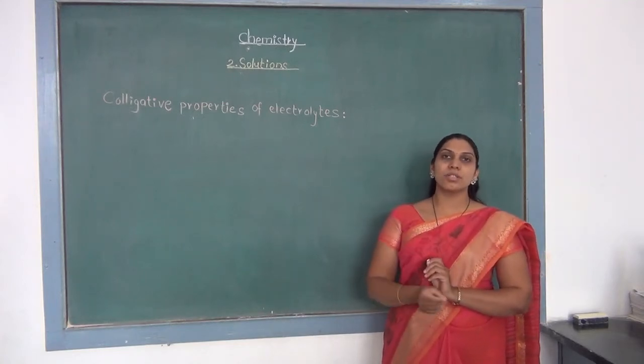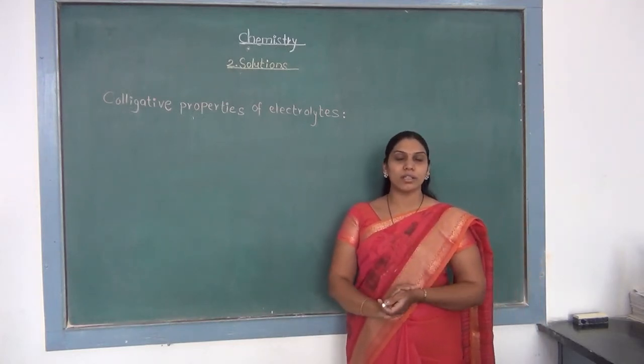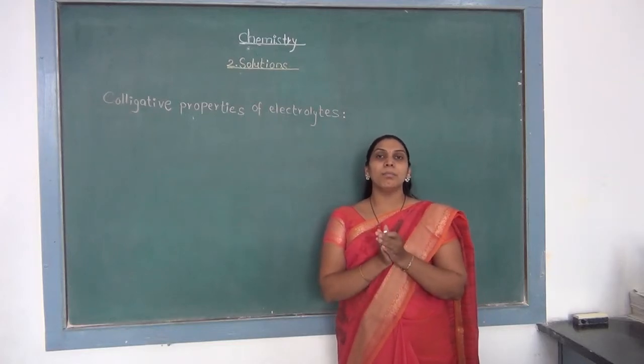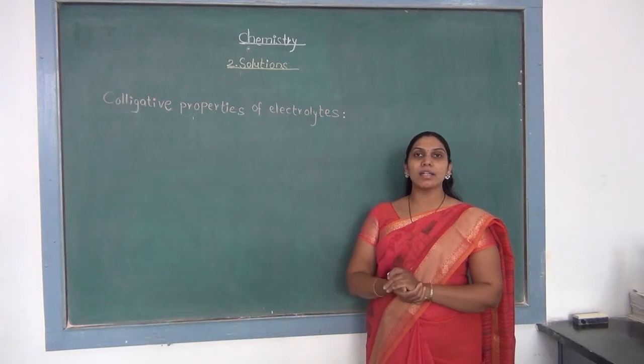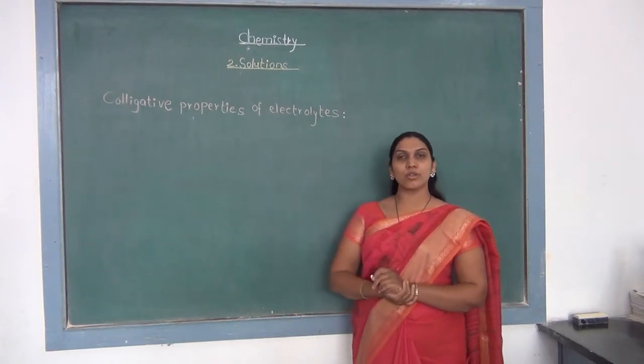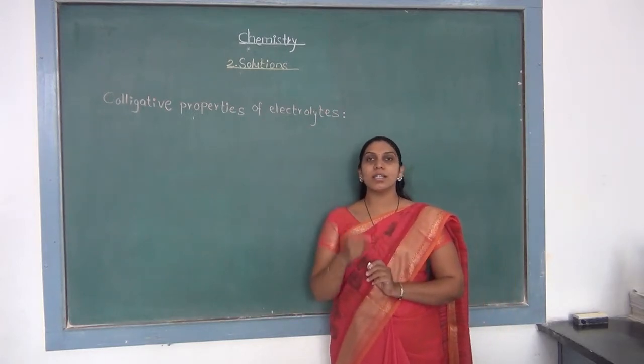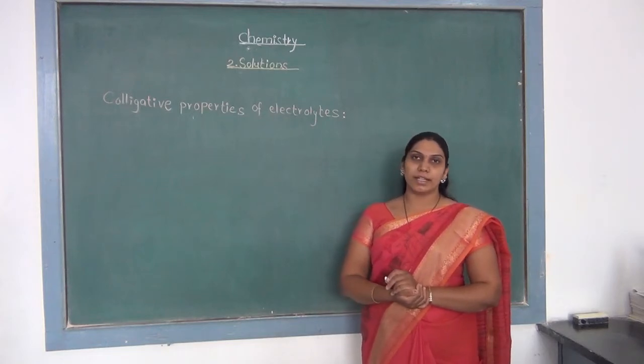So, such substances which dissolve in water and dissociate into their respective ions are called electrolytes. Now we will see the colligative properties of electrolytes.